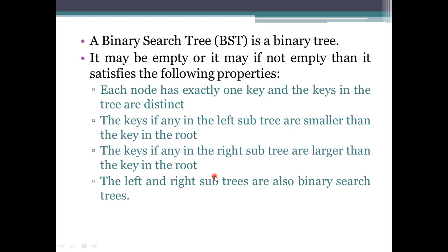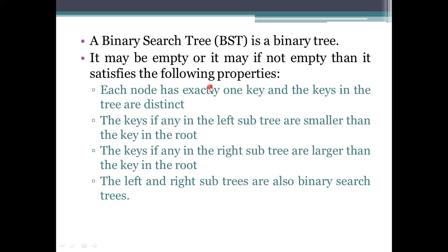So these are the properties of the binary search tree. It may be empty, or it may have some elements. If it is not empty, the elements we present should satisfy these properties.